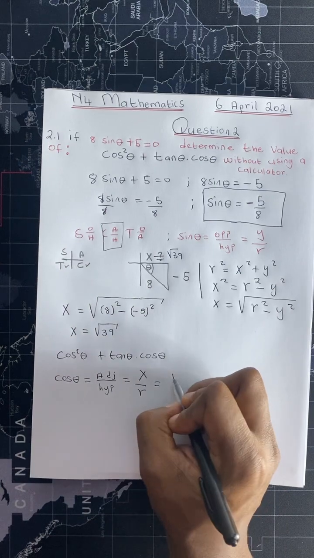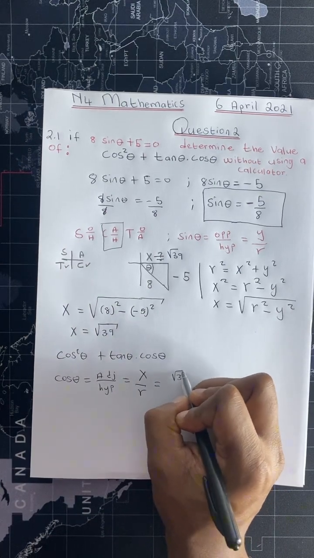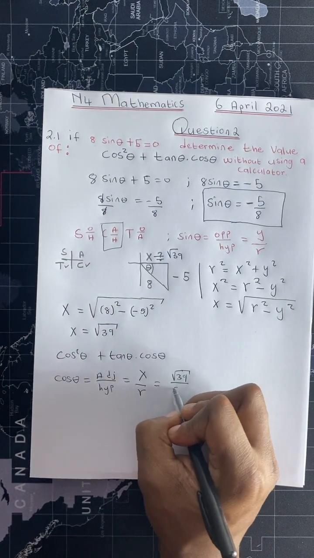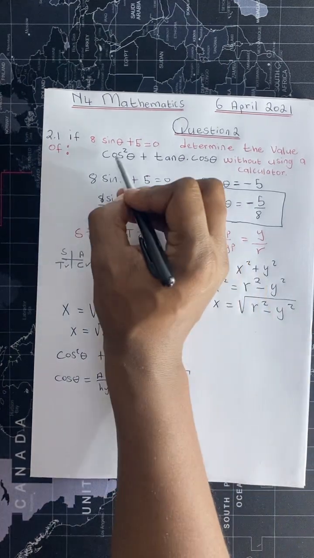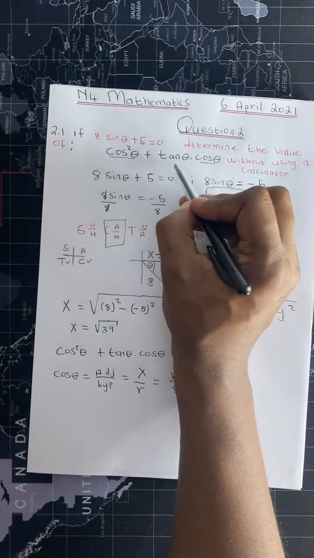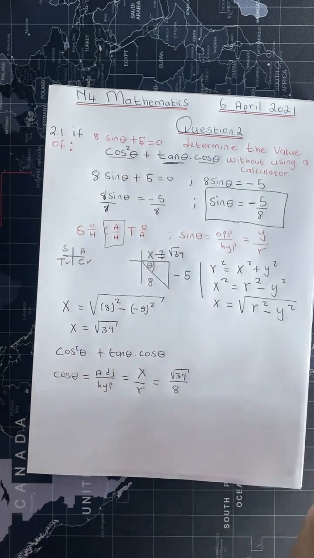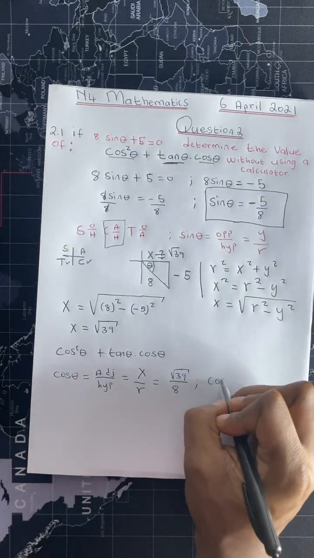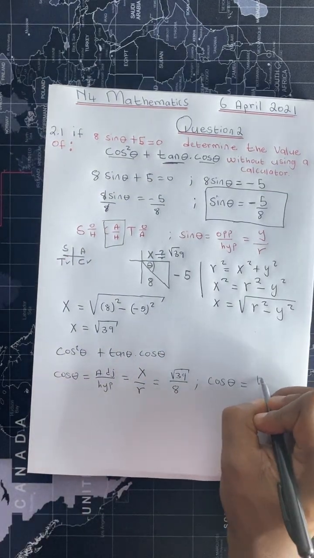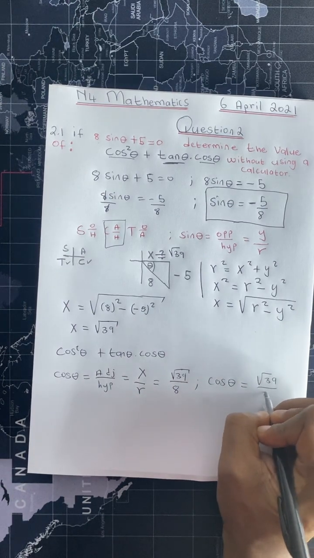Our x is equal to the square root of 39, and our r is equal to 8. So we have cos squared theta and the cos theta there, so we have to determine what the tan theta is equal to. So cos theta we determined as the square root of 39 over 8.